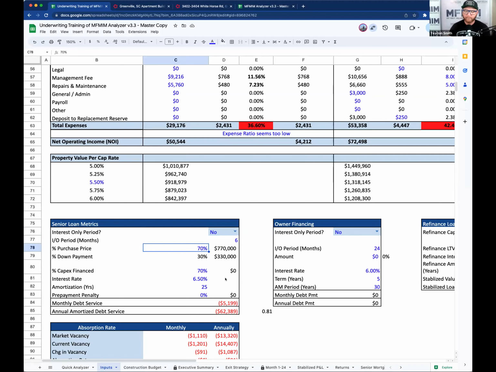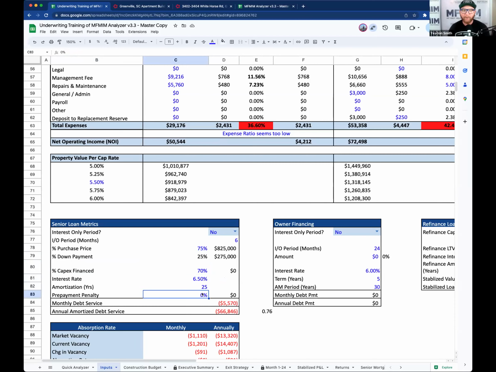So in this situation, we're going to assume that the bank will give us 75% of the purchase value. There is no CapEx, so it is irrelevant how much the bank is financing of the CapEx in this situation. Plug in the interest rate, plug in the amortization years, and you have all the information that you need.